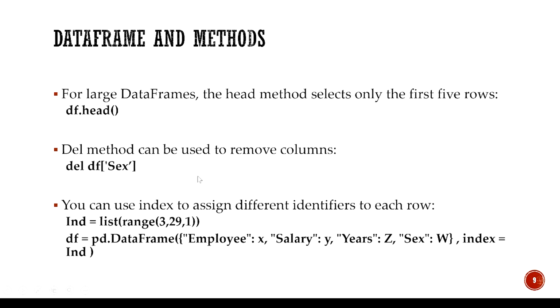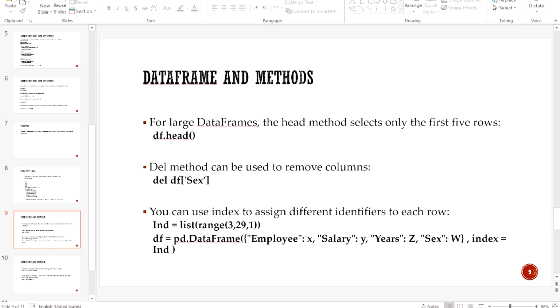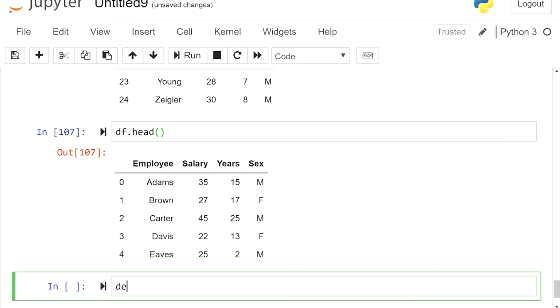The other method is delete, or del. This method can be used to remove columns. For example, we want to remove the last column, 6. So del df bracket and the name of the column that you want to delete. Okay. So del is a reserved word, so the color is green.